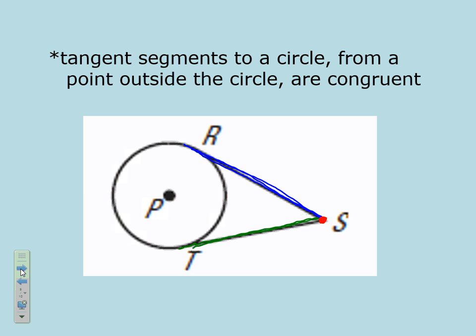When this happens, ladies and gentlemen, these two segments are congruent. It's very important for us to know. So this segment is congruent to this segment. Make sure we have this down in our notes, please.